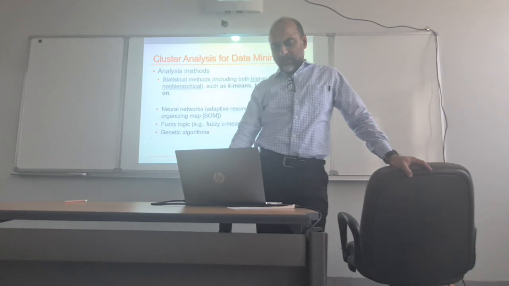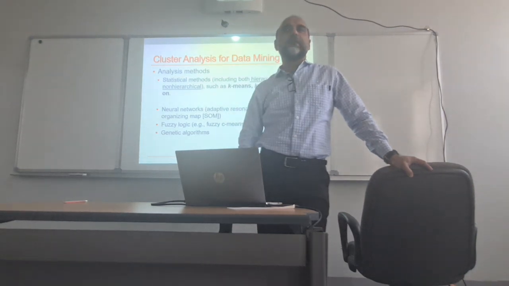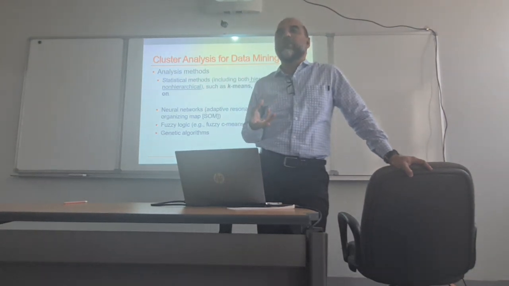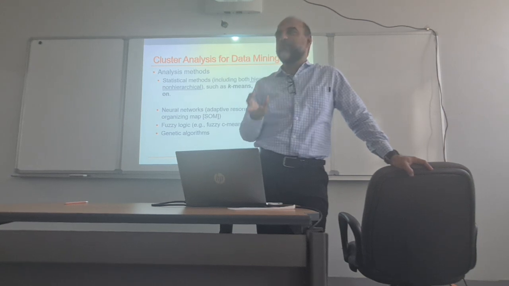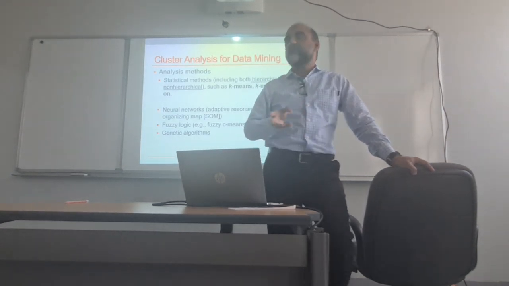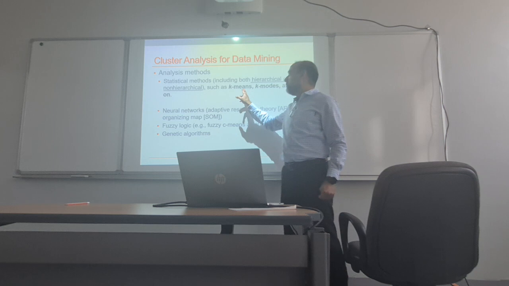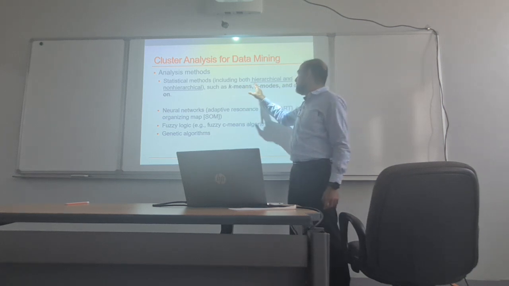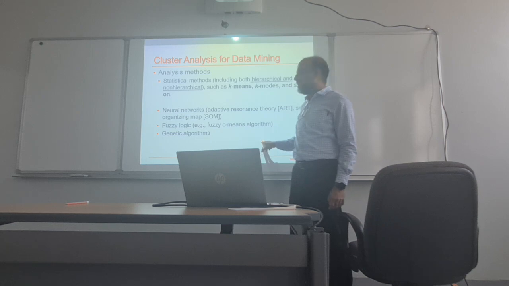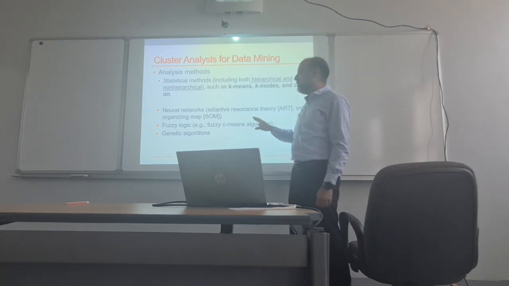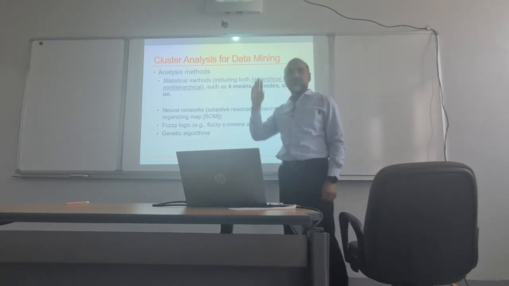Now, same as I said, classification is a problem, not an algorithm. So clustering is a problem. How do you do clustering in terms of algorithm? In MIS 502, you learn k-means, k-medoids, hierarchical clustering, and many other clustering approaches. But there are more. Neural networks can be used, something called fuzzy logic, genetic algorithm, a long list.